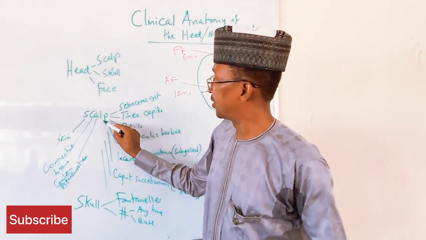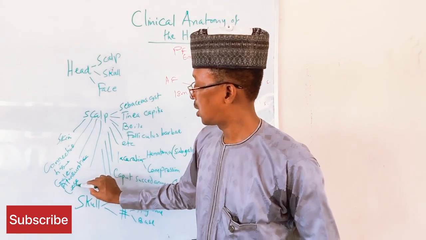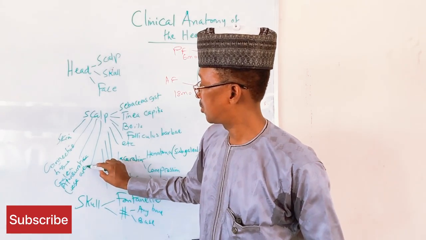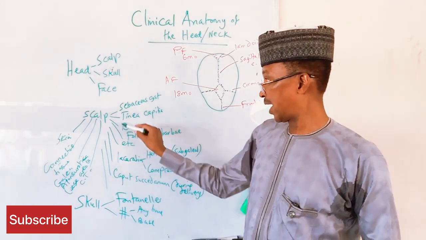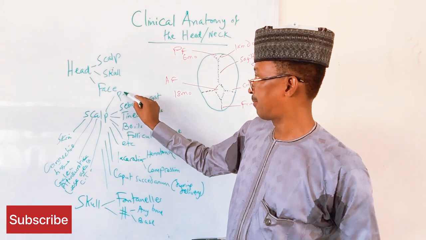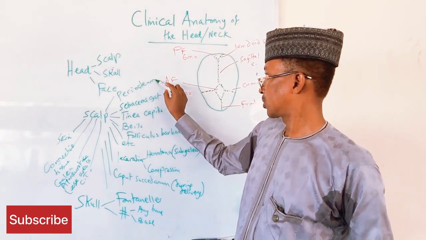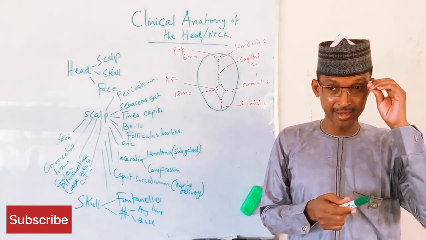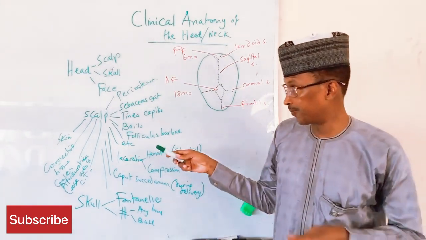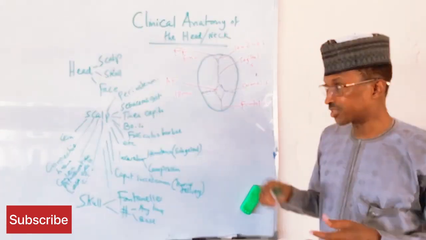And then the L is for the loose areolar connective tissue. And then P is for the periosteum, the membrane that is attached to the skull or the bones of the skull. Are you clear? These are the 5 layers of the scalp, sorry.